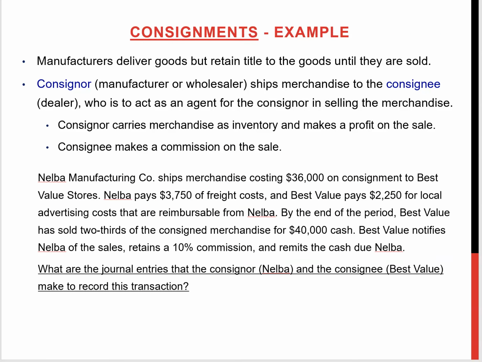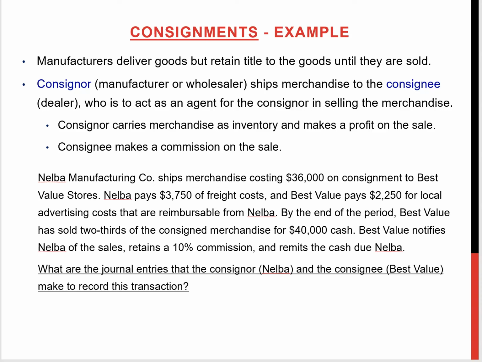Now we will see an example of consignments. What is consignment? Consignment means that the manufacturer, or in some cases the wholesaler, may ship some products to a consignee, but they are retaining the title of the product, or they are still continuing the control of the product.